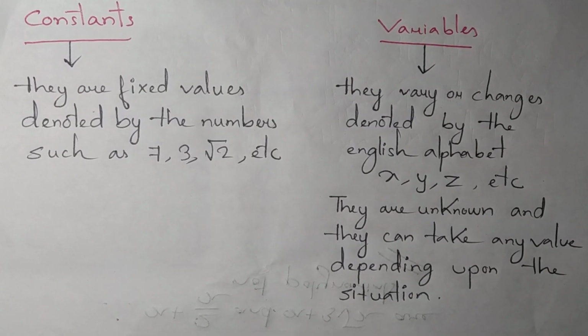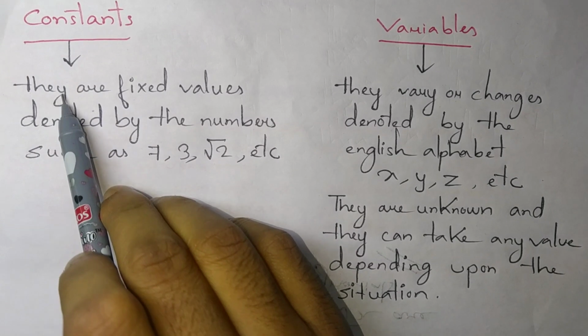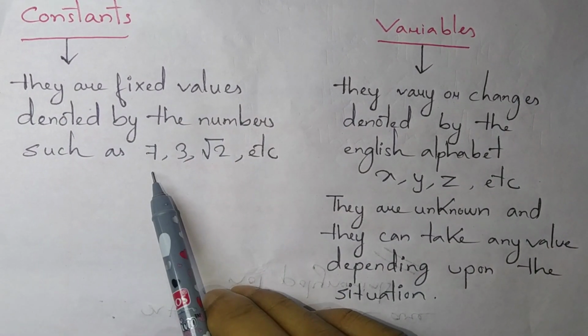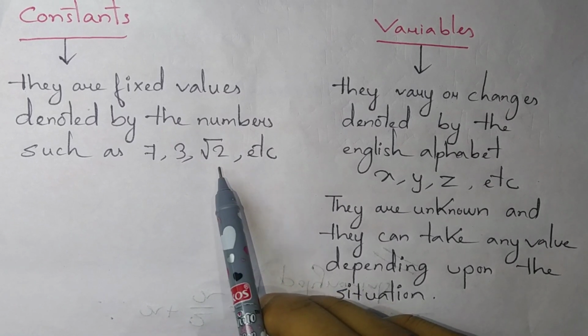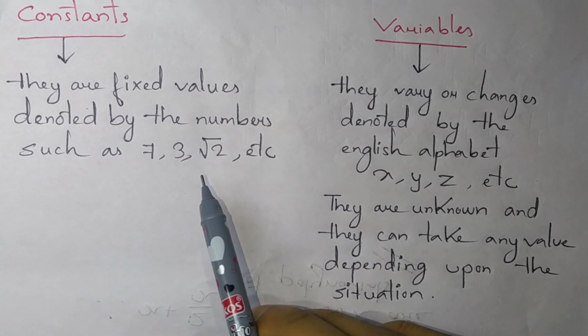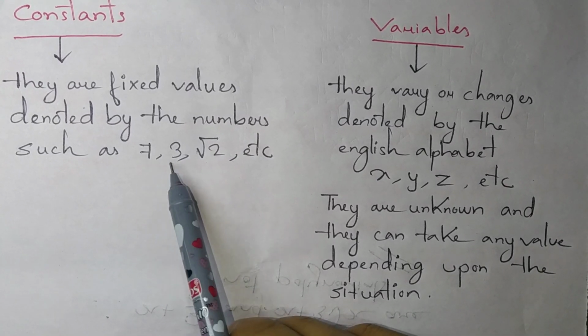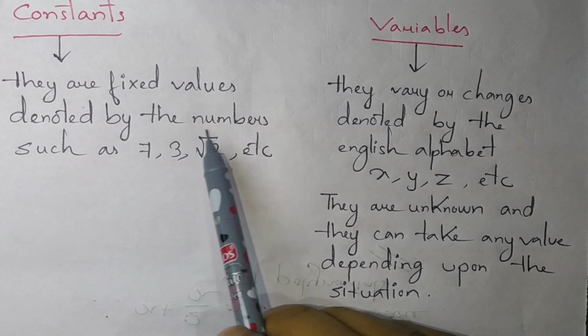Let's begin with constants. Constants are fixed values denoted by numbers such as 7, 3, root 2, etc. They don't change, they remain the same. We can't put another value for 7, 3, root 2. They are fixed.